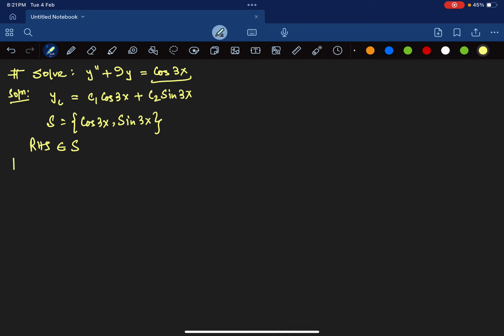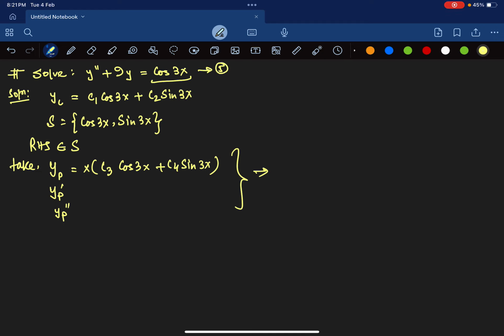So the right hand side term belongs to S. If it is belonging to S, immediately take yp as c3 cos 3x plus c4 sin 3x, multiplied with x. This formula I already stated earlier. Now the process is the same: find yp dash, yp double dash, and plug all the values in the main equation, suppose this is equation number 5.